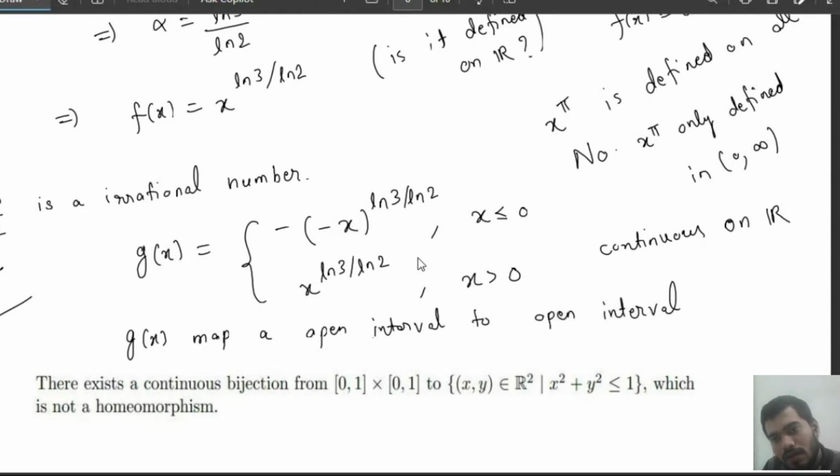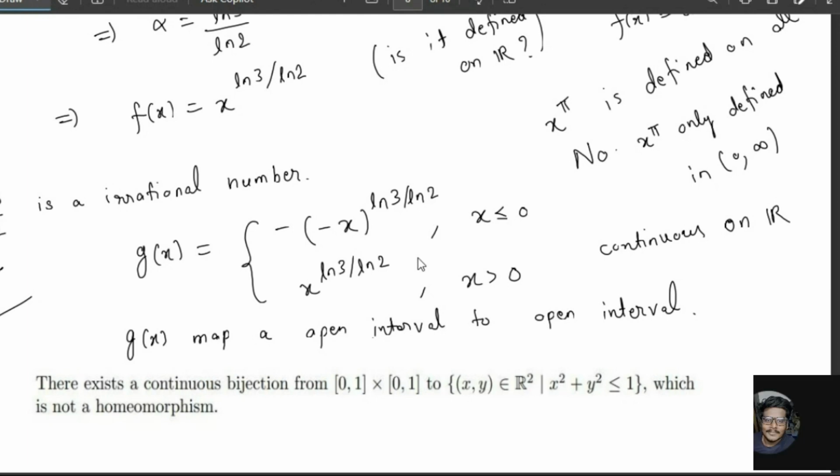Note that if g maps open intervals to open intervals, or g is an open mapping, then the inverse function will already be continuous, and hence it will be a homeomorphism. I hope most of you know that if a function is an open map, then the inverse function is already continuous, because of the definition of continuity in terms of openness.